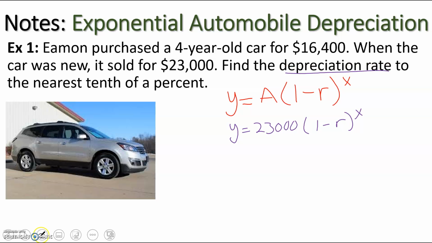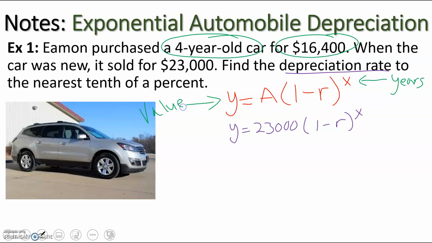Now, the awesome thing is they provide us information in this problem that can help us figure that out. We know that when he purchased it, it was 4 years old, and that it was $16,400. In this equation, x represents the years and y represents the value.